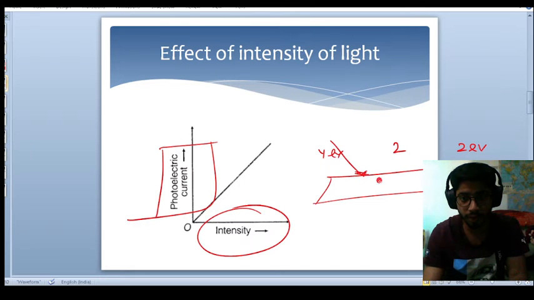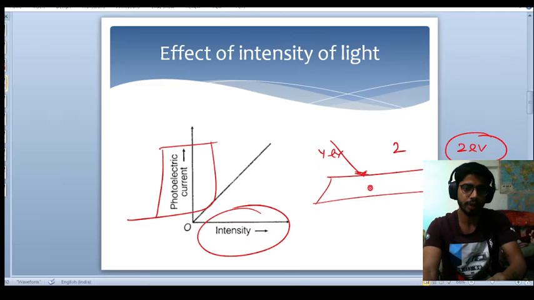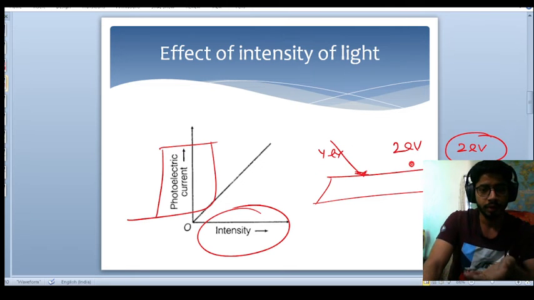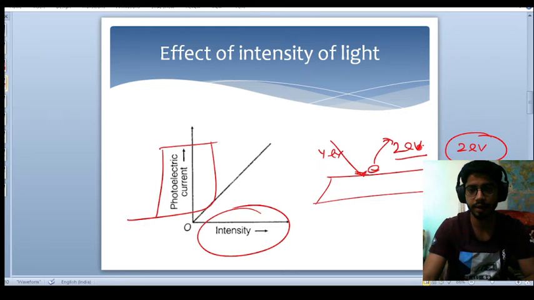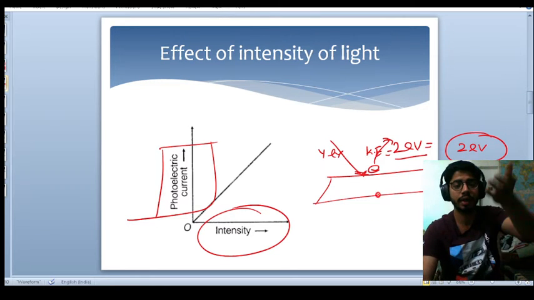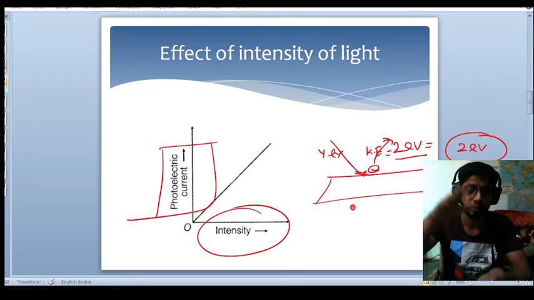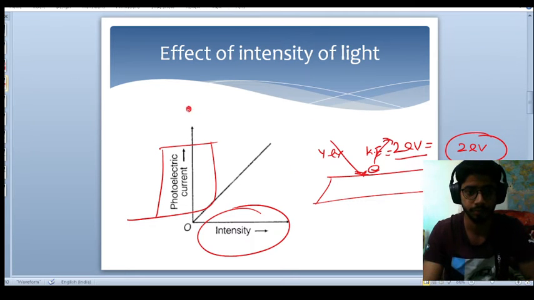The required threshold energy is 2 electron volts, which will just free the electron from the surface, and the remaining 2 electron volts of energy will be imparted as kinetic energy. So 2 electron volts will be the kinetic energy of the electron that is ejected from the metallic surface.